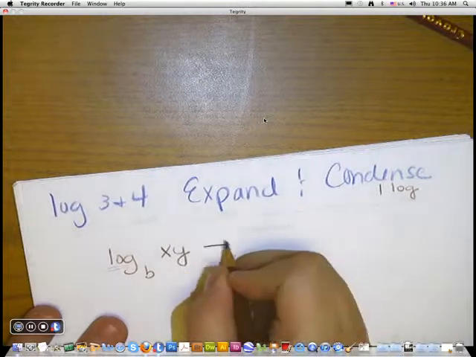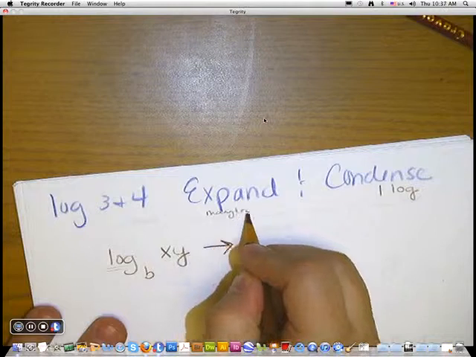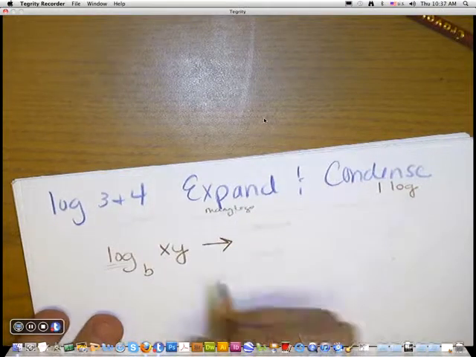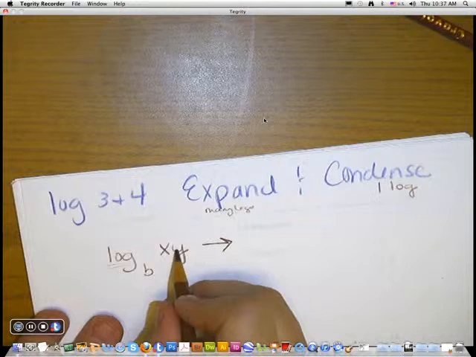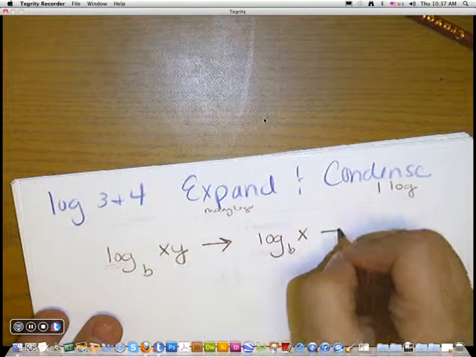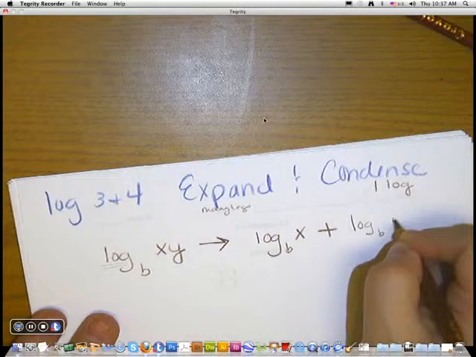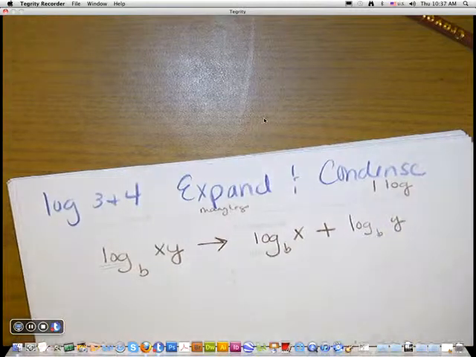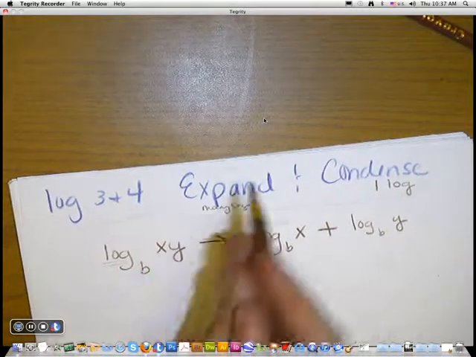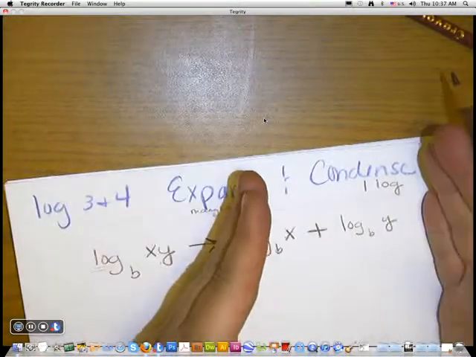So to expand it means I'm going to have many logs. And the way we expand something that's multiplied is that we take each piece and separate them with an addition sign. So we take multiply and it expands apart, it becomes bigger with addition.